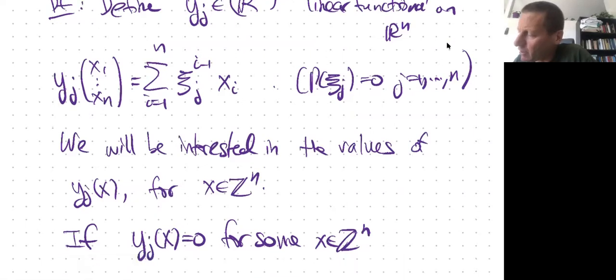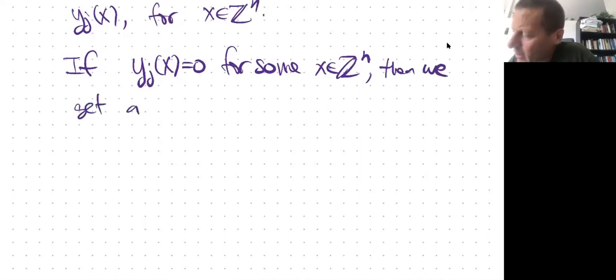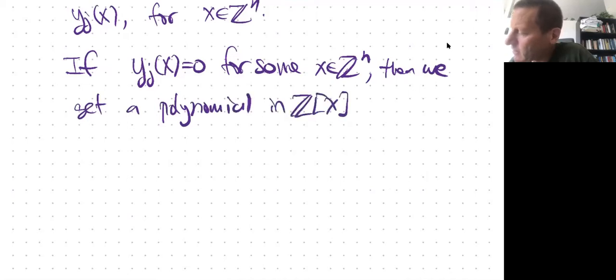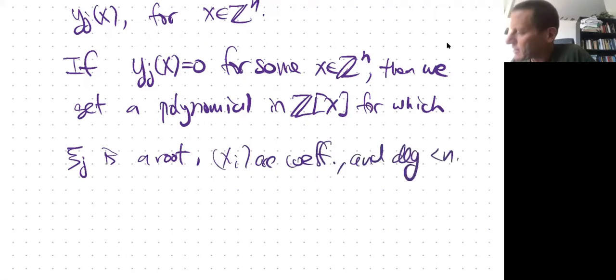And so if yj of x equals 0 for some x in Zn, then we get a polynomial in Z of x for which Cj is a root, xi are the coefficients, and the degree is less than n.